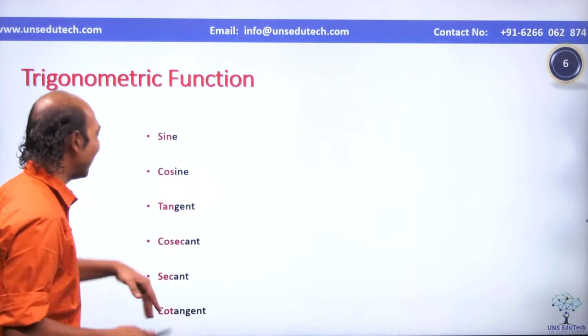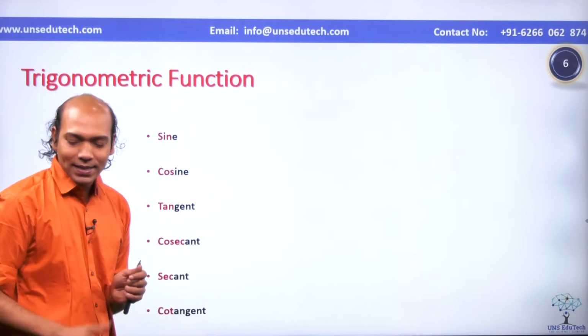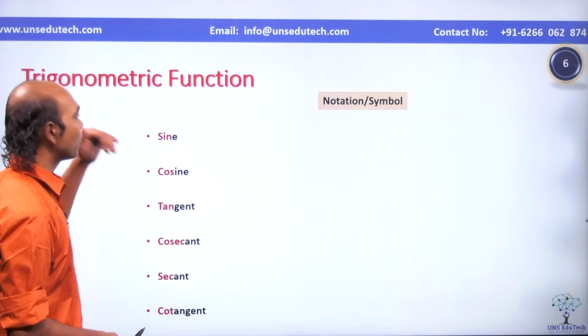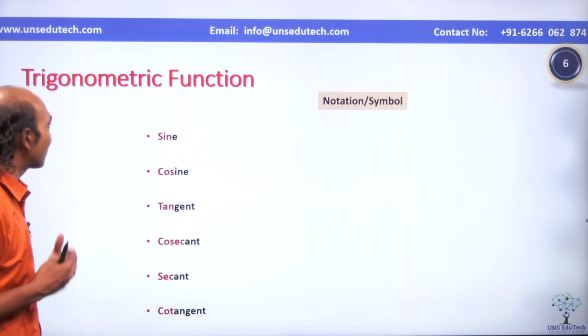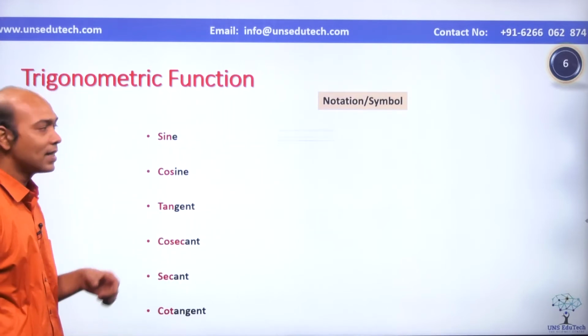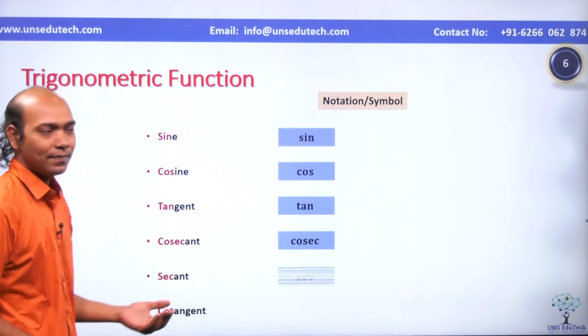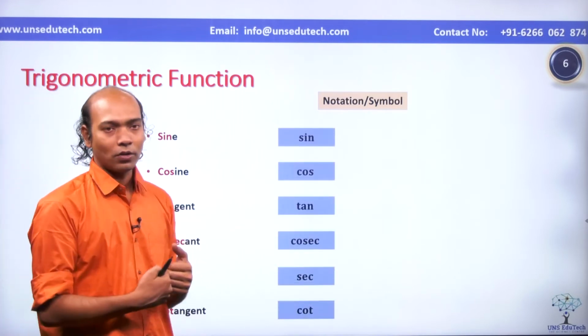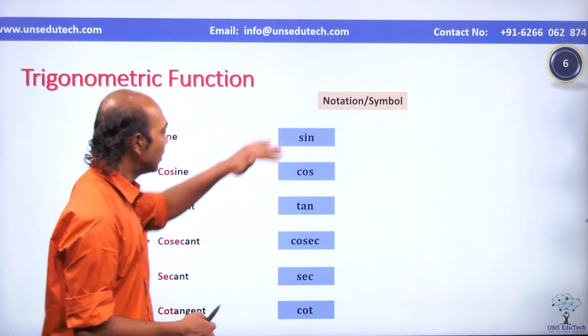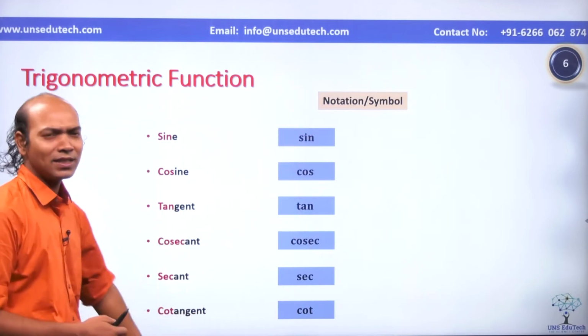This is very difficult to remember, right? The easiest way is the notations sin, cos, tan, cosec, sec and cot, which represent sine, cosine, tangent and so on.